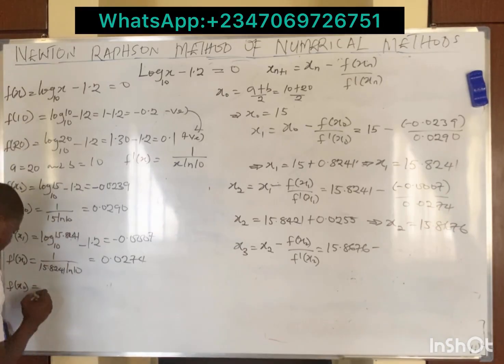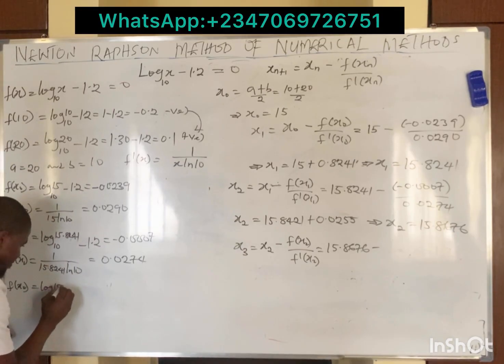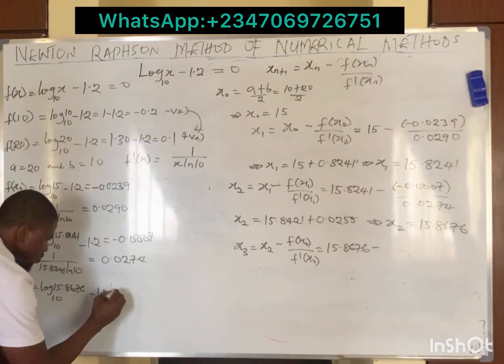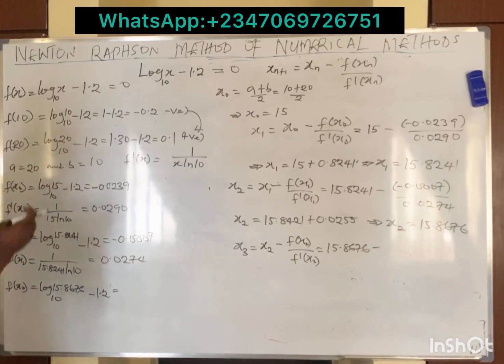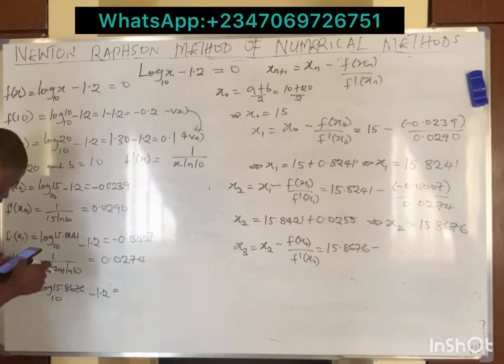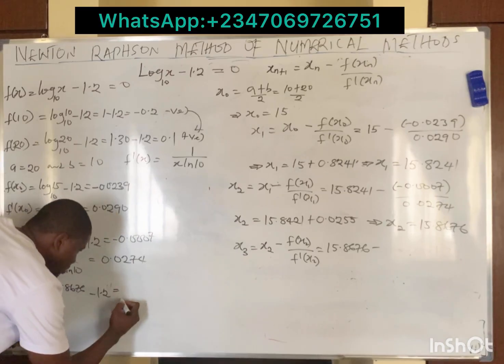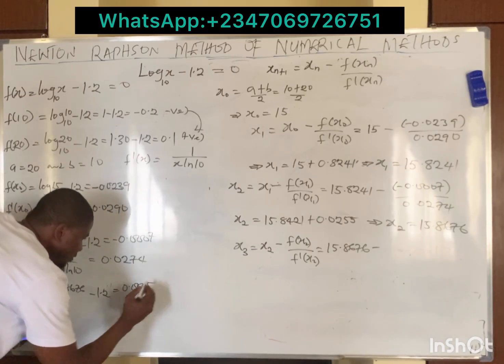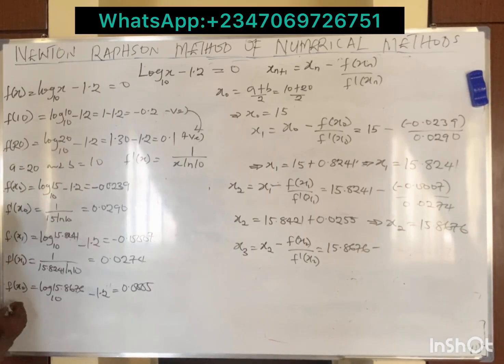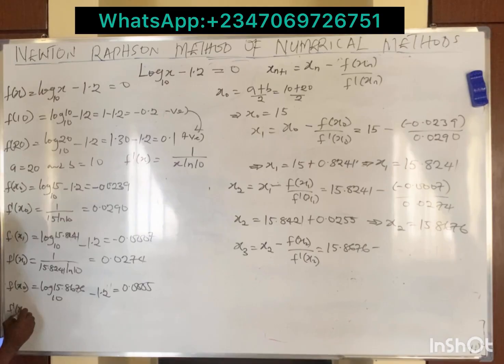So we have log 15.8676 to base 10 minus 1.2. I'm going to be punching everything all together. So log 15.8676 minus 1.2 gives me 0.0005, approximately.